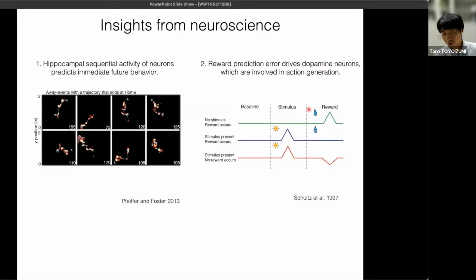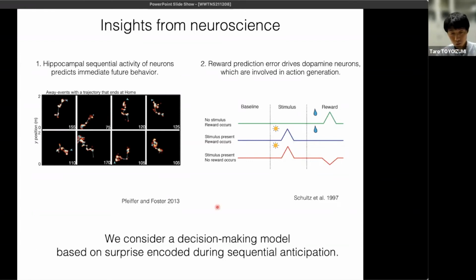I'm sure you know the famous experiments by Schultz, where the dopamine activity is well characterized by the actual reward minus the expected reward. In other words, the activity of dopamine neurons is driven by surprise. So we consider a decision-making model based on surprise encoded during sequential anticipation of possible outcomes.